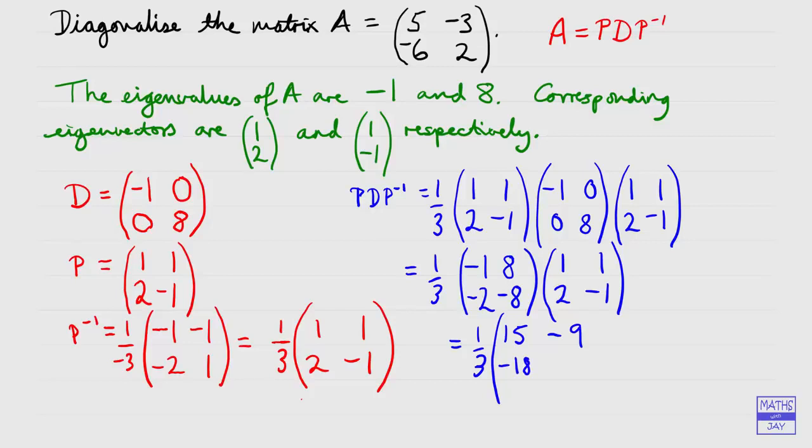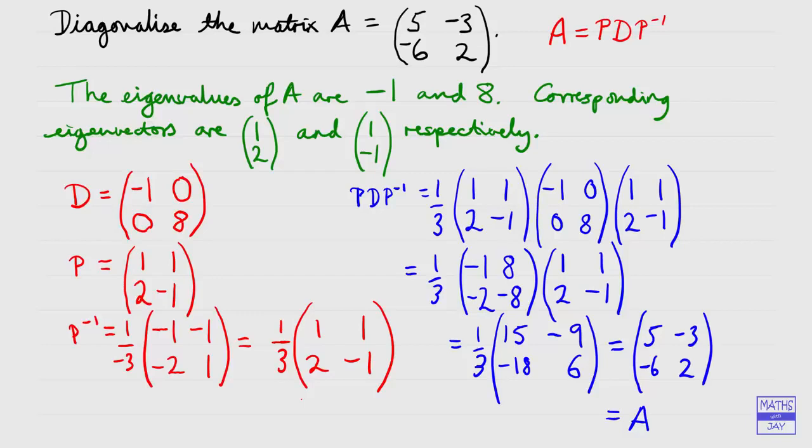And finally, negative 2 times 1, negative 8 times negative 1, so 8, take away 2 is 6. And then dividing everything by 3, we get 5, negative 3, negative 6, and 2. So we do indeed end up with our matrix A.